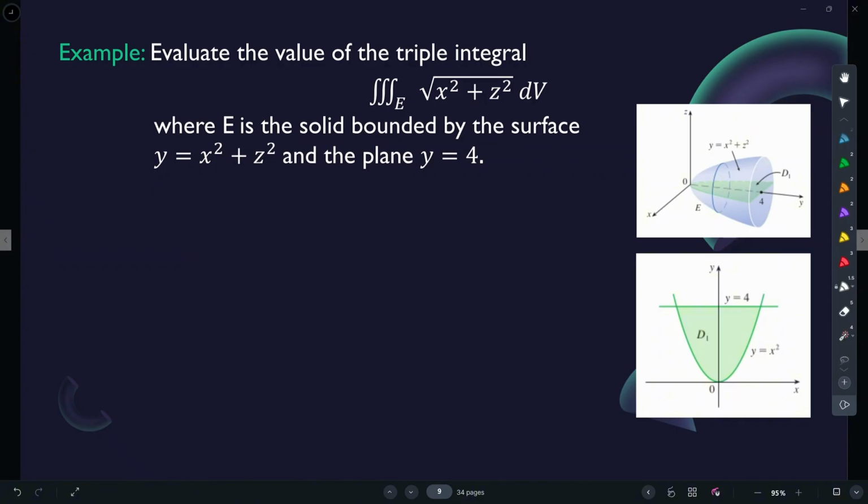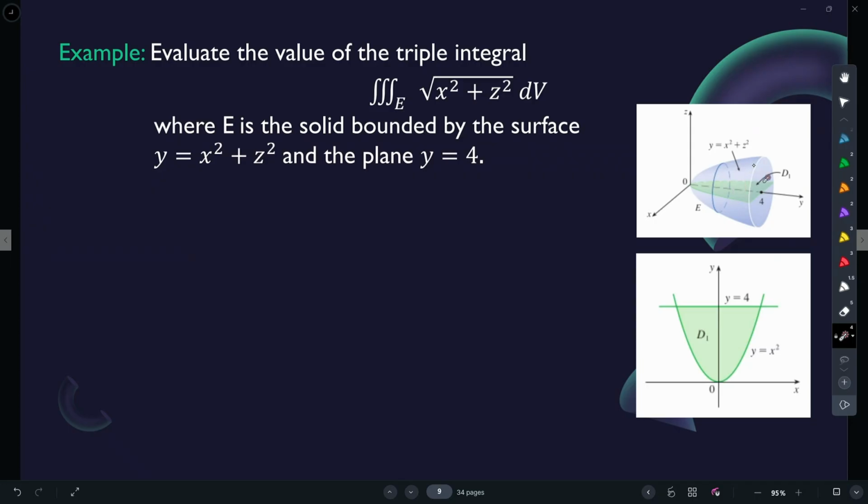For example, let's try to interpret this in Cartesian coordinates. So the y coordinate goes from 0 to 4. Okay. The x coordinate goes from minus the square root of y to the square root of y.